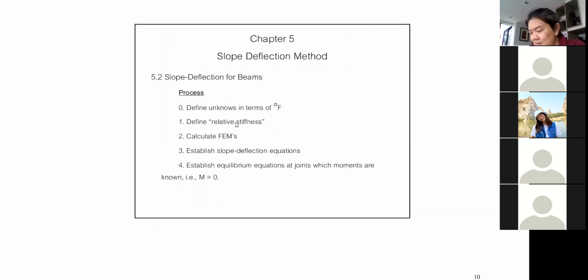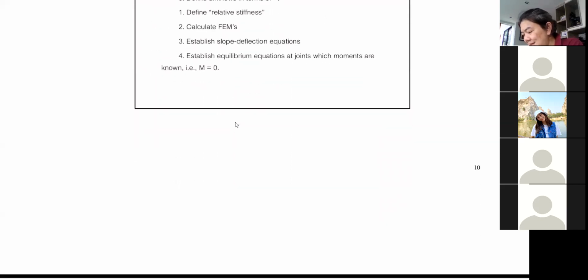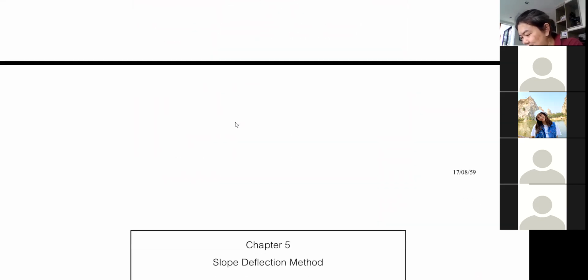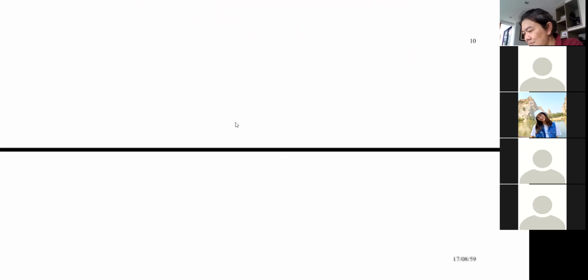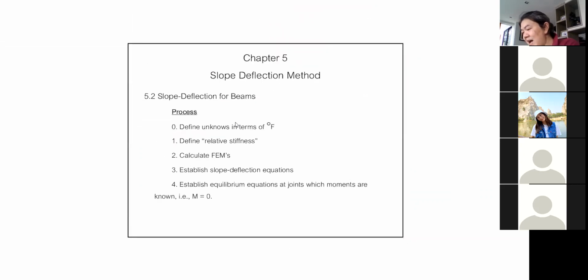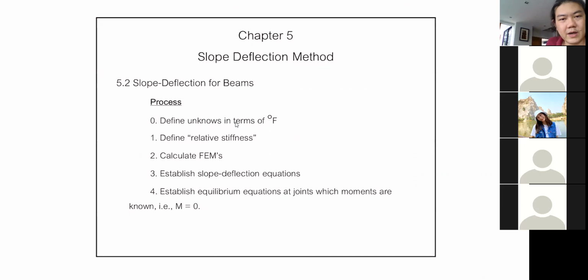You can calculate your fixed end moment and write your slope deflection equation. And once you know the slope deflection equation, how are you going to solve it? You're going to put them into equilibrium. And that's it. We have these 5 steps to ease the difficulty of using the method.